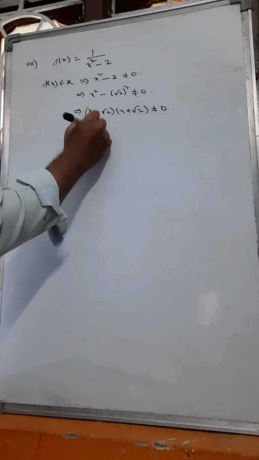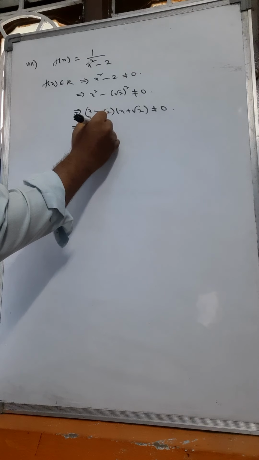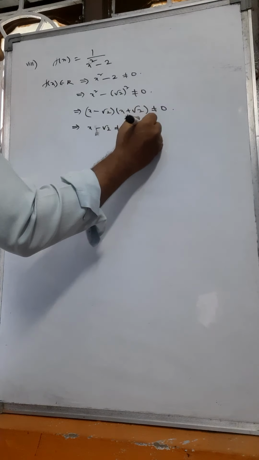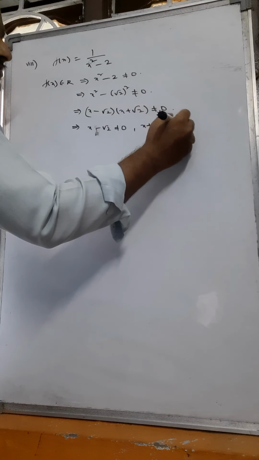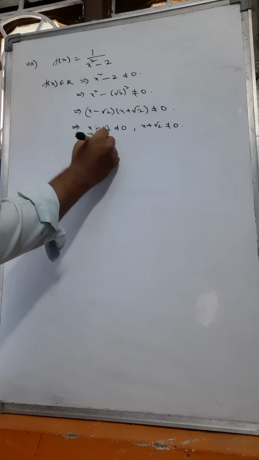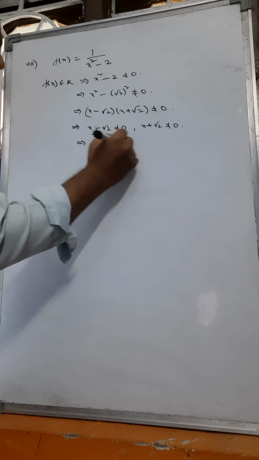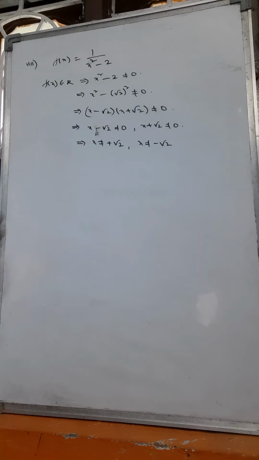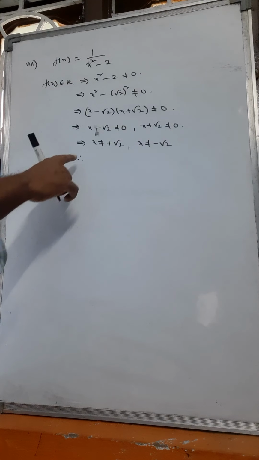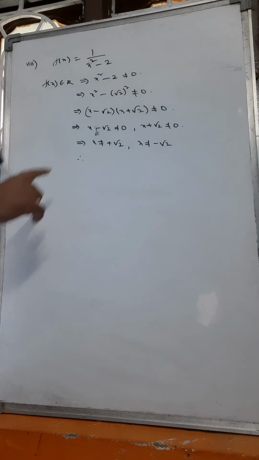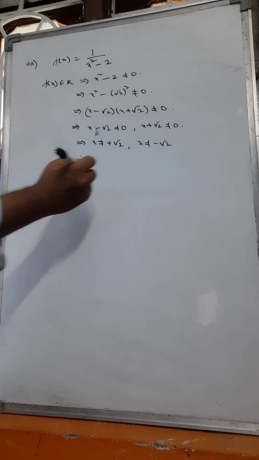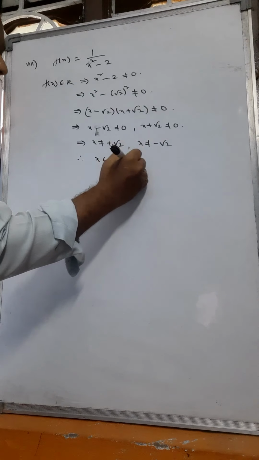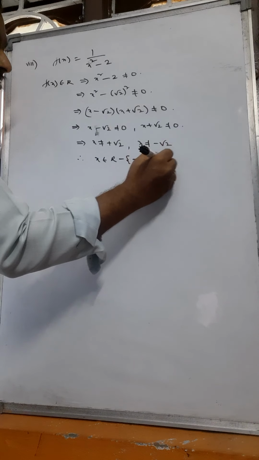That means x minus root 2 is not equal to 0 and x plus root 2 is not equal to 0. From this, x is not equal to plus root 2 and x is not equal to minus root 2. So here all the real numbers except root 2 and minus root 2. So x belongs to R minus {minus root 2, root 2}.